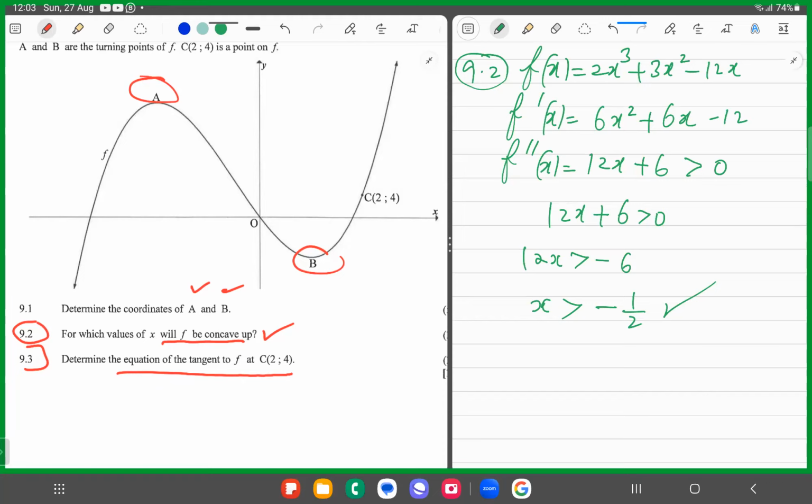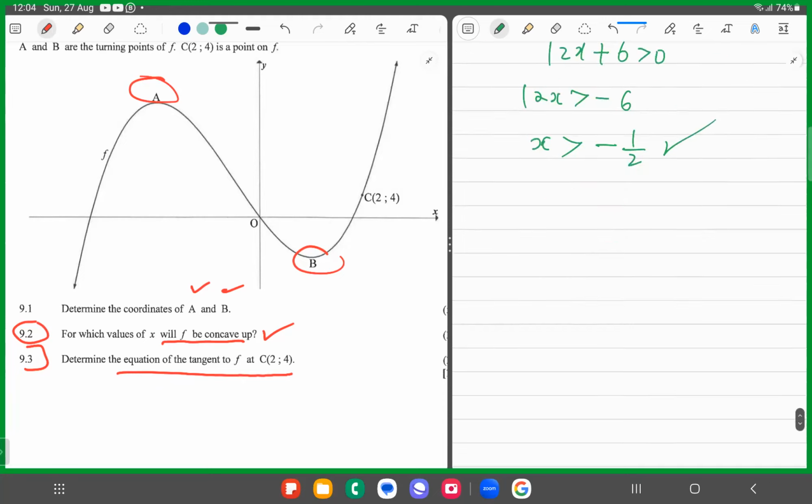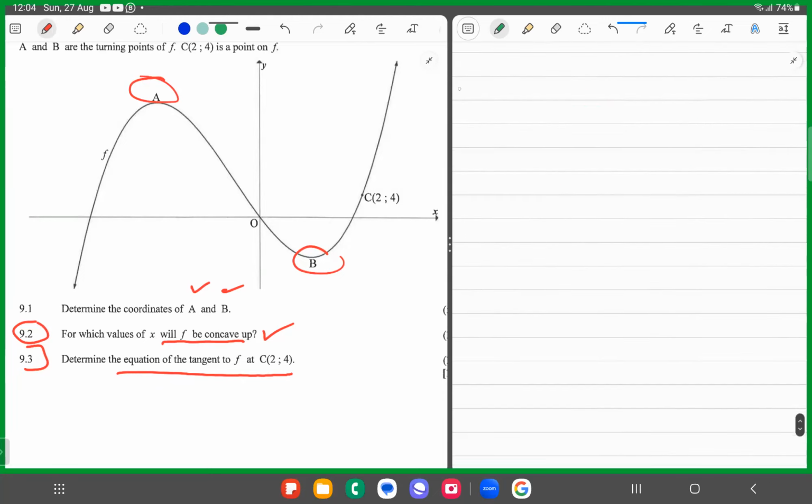Okay, let's look at the next question. 9.3, determine the equation of the tangent to f at c with coordinates 2 and 4.